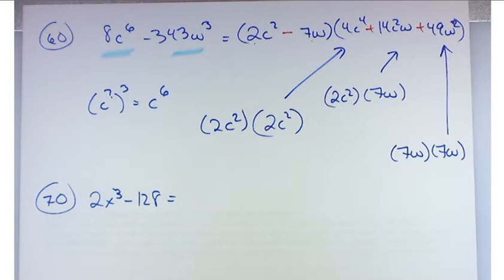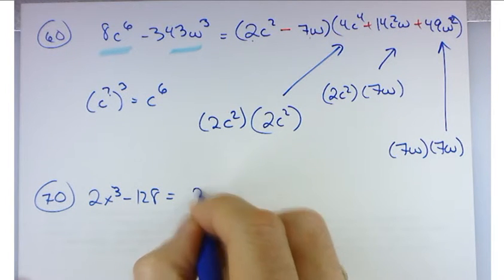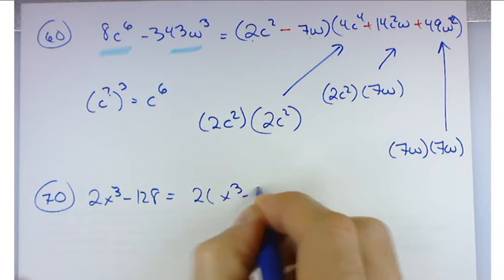What's your first step in this? You're not seeing 128 on the list of perfect cubes, are you? GCF. Always, always, always factor out the GCF. What's the GCF in this case? 2. Leaving behind x cubed minus 64.